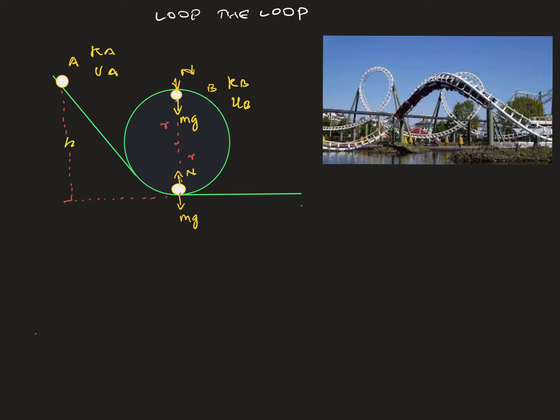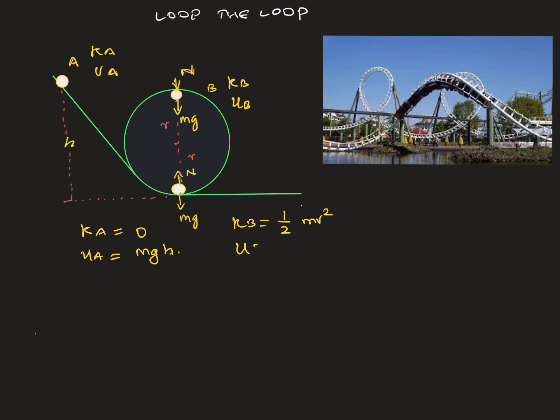Ka is equal to 0, because there's no velocity for that object at A, and Ua is equal to mgh, because that's the potential energy at height h. Now Kb, let's say the velocity is v, so it's half mv squared.